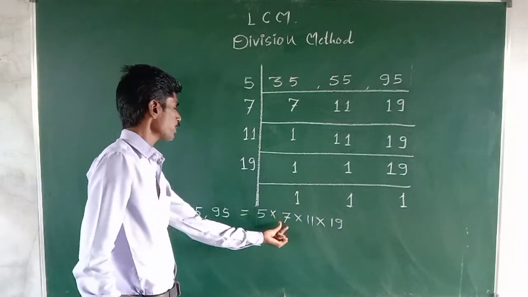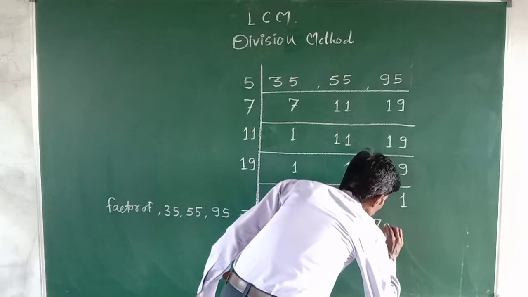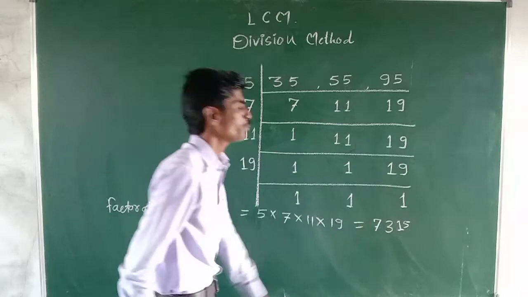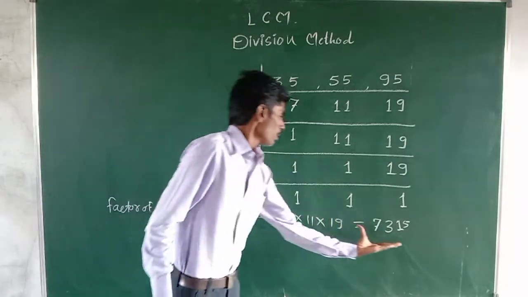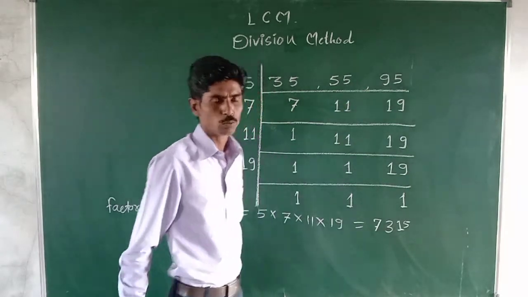And 5 into 7 into 11 into 19 means the result is 7,315. So this is the LCM of 35, 55 and 95.